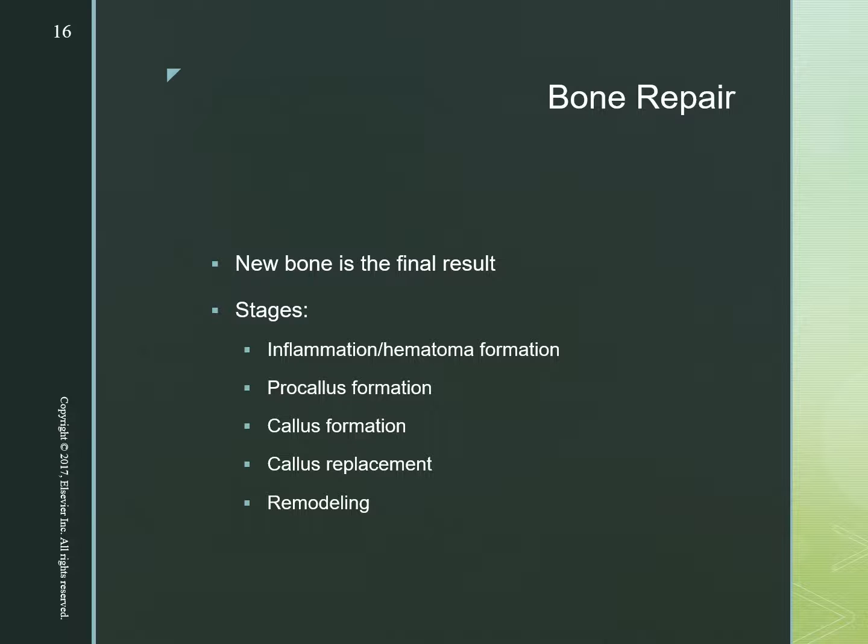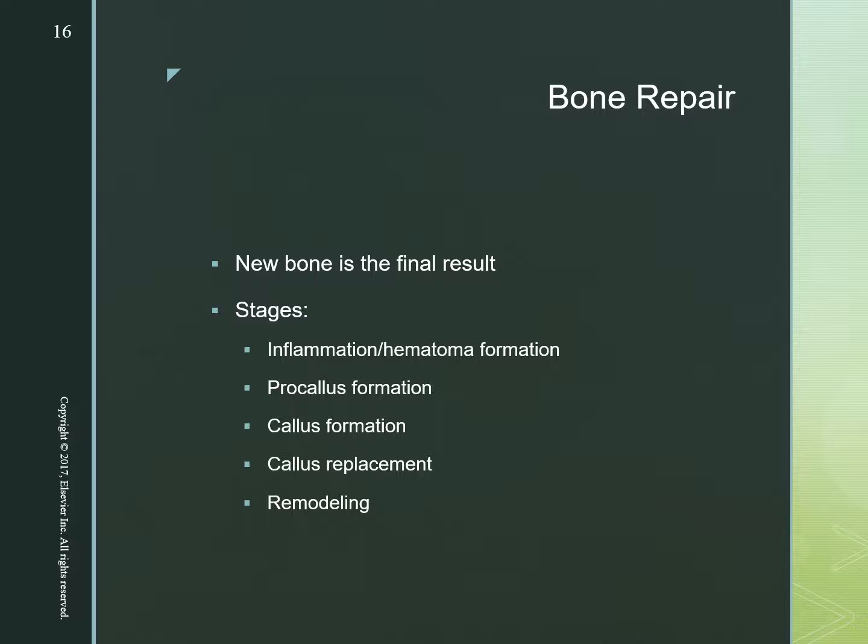New bone is the final result of the different stages when we're trying to get through them after we've had a surgery. The remodeling process can repair microscopic bone injuries, but gross injuries like a fracture or surgery it can't.